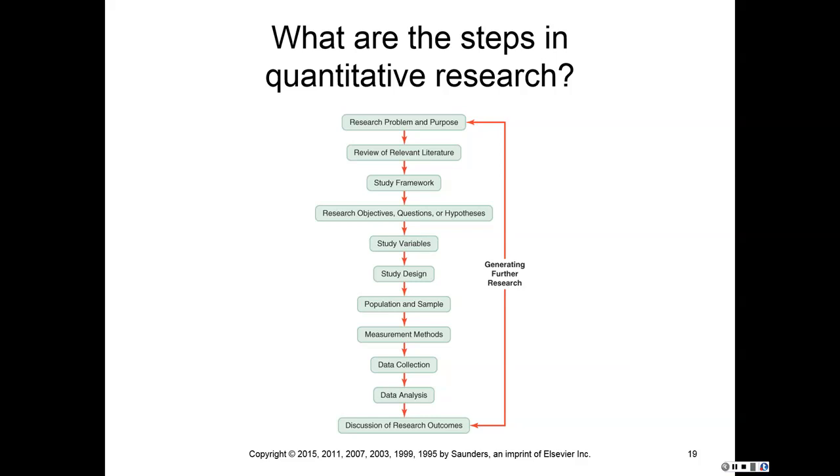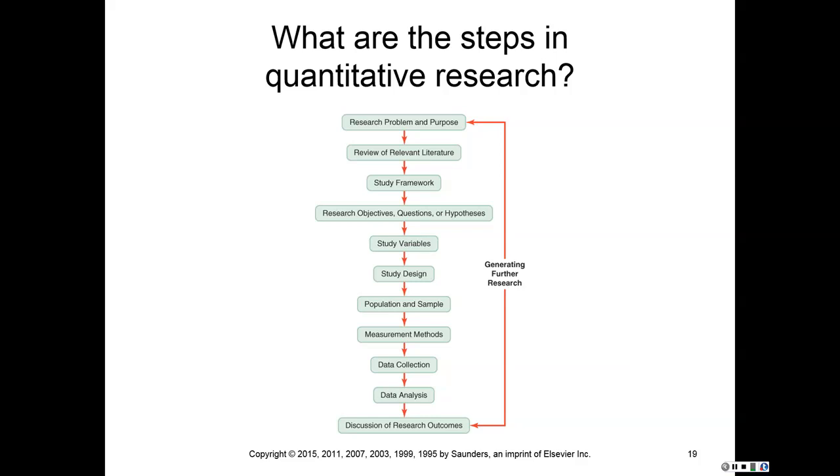So the research process is more complex than the nursing process. In the nursing process, you may have one patient or one family. In the research process, we're using these research methods, and usually larger groups of patients or populations.